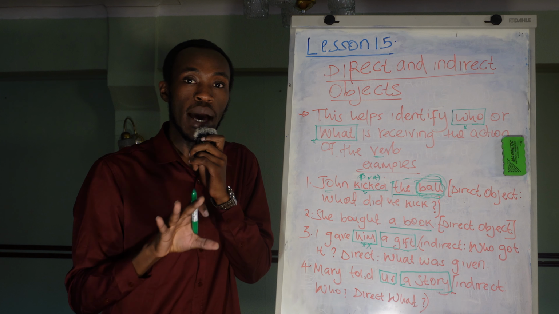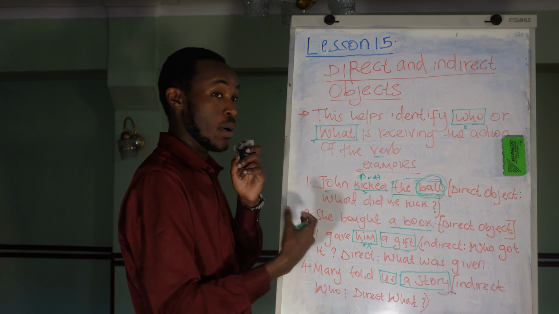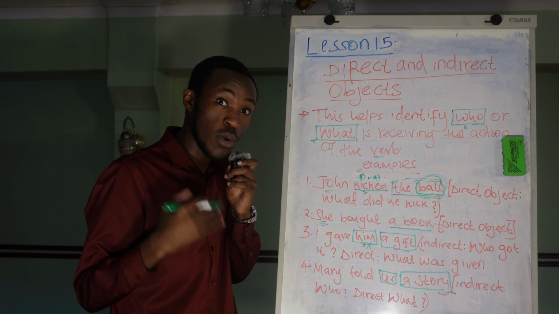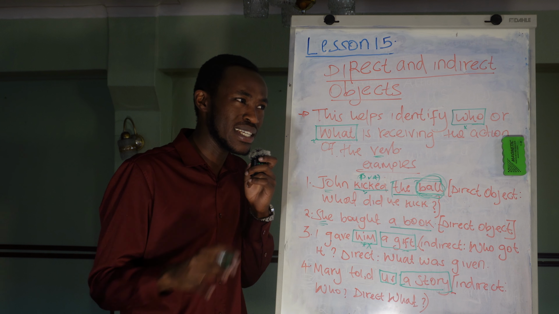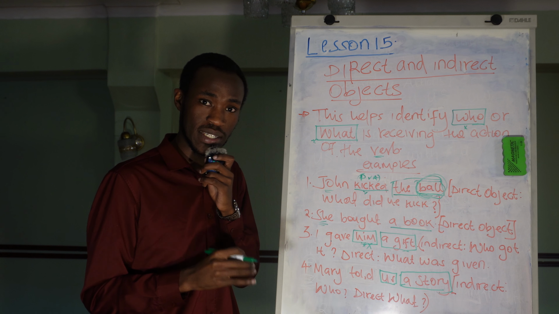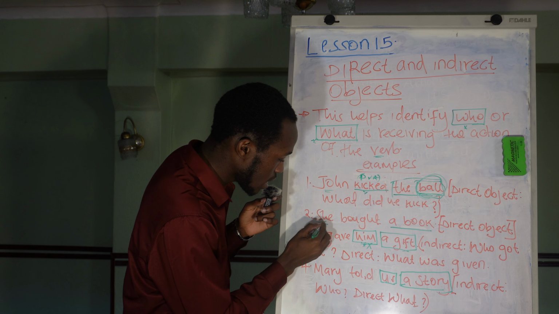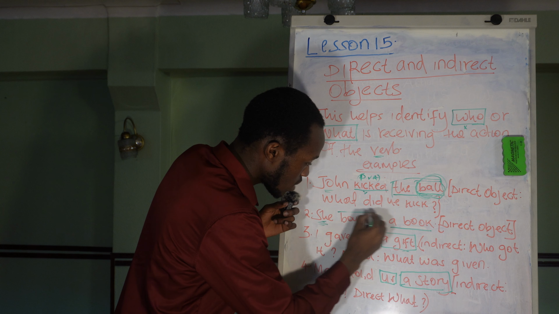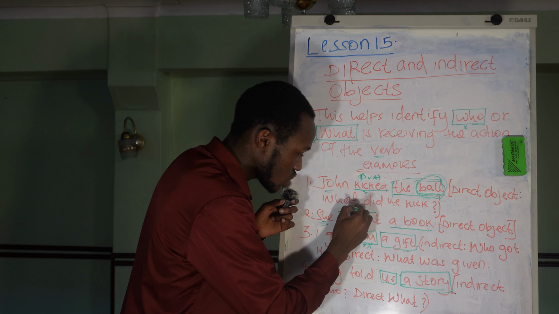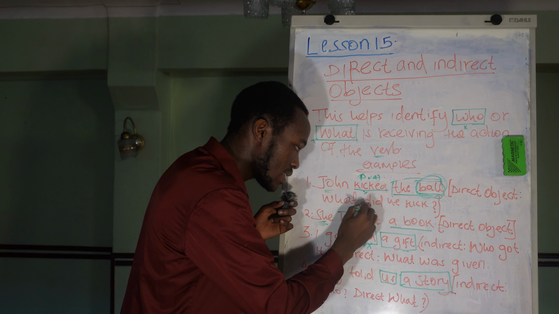She bought a book. Now she is our pronoun, which is the subject. Now here, remember, we don't call things literally pronouns or nouns, we will call them subjects. Now she is our subject. Bought, we all know it is simple. This is the verb, this is the action, and also the predicate.